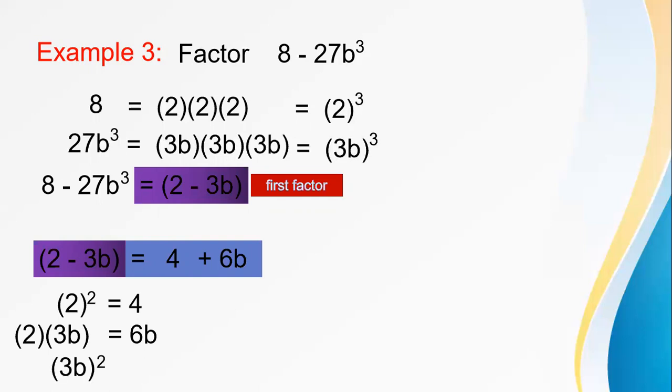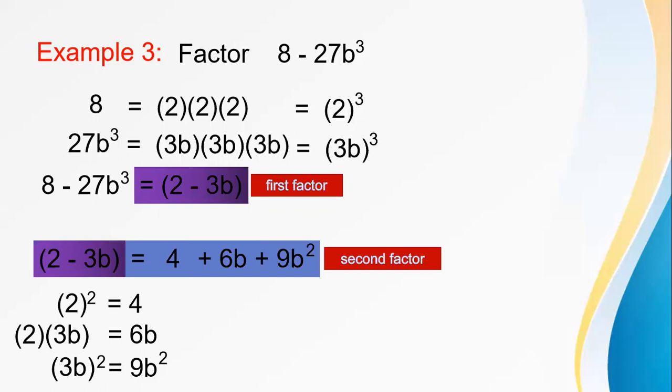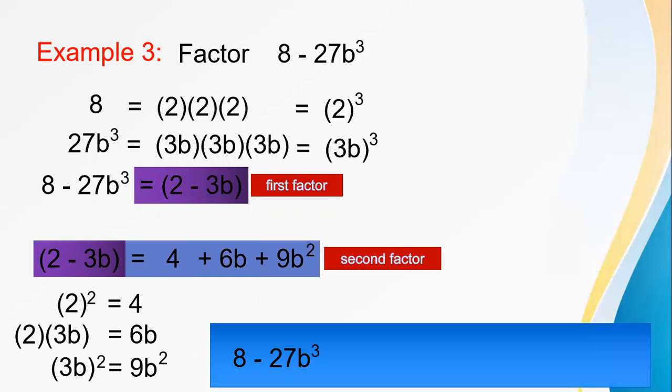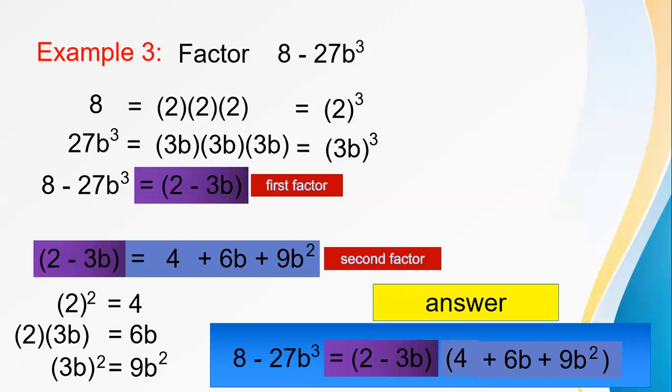Then square the second cube root, which is 3b squared. And therefore, we have 9b squared. That will be your third term. And therefore, this will be your second factor. 8 minus 27b cubed equals 2 minus 3b, times 4 plus 6b plus 9b squared. So that will be your answer.